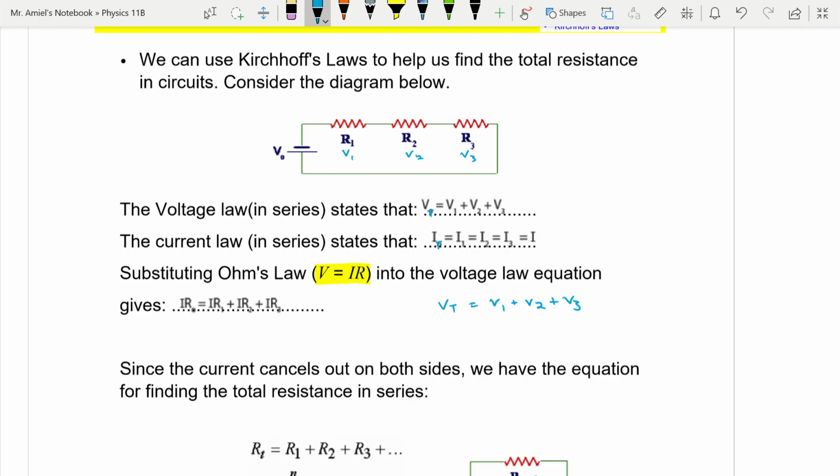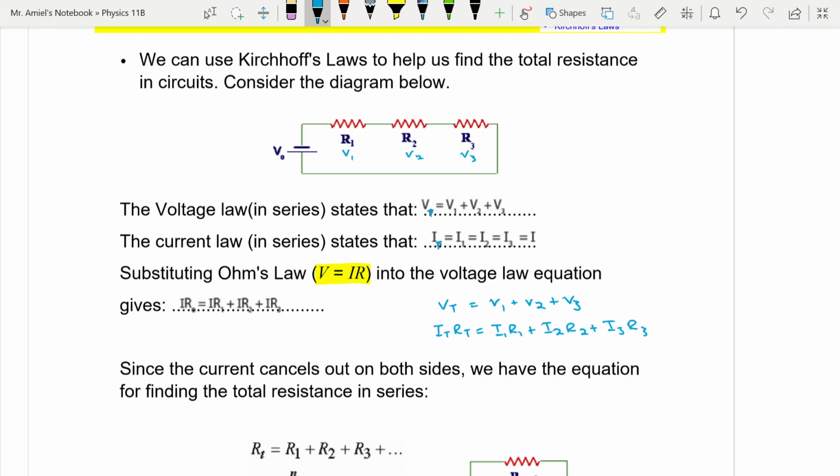Now we're going to substitute Ohm's law into the voltage equation, so our V's become IRs. Our I total times our R total is equal to I1 R1 plus I2 R2 plus I3 R3.